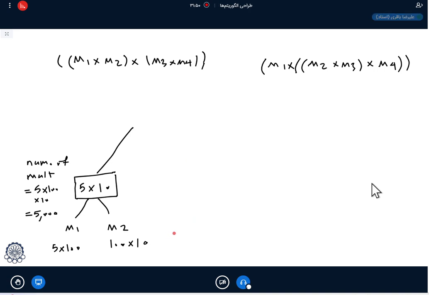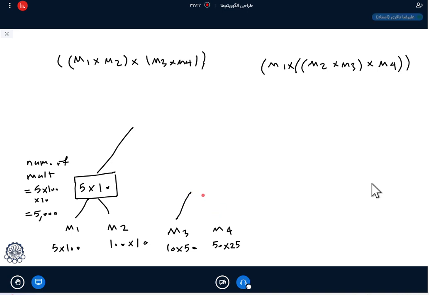Then we multiply m3 and m4. m3 has 10 rows and 20 columns. m4 has 50 rows and 25 columns.